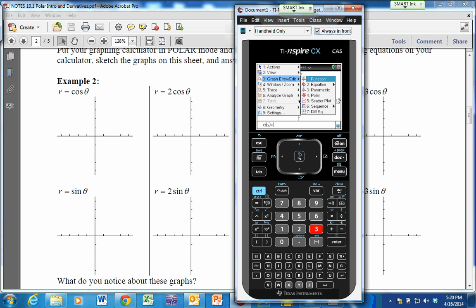That makes a lot of sense here because we want to enter the graph in a different way. Under graph, entry, or edit, number 4 is polar. So now instead of saying f1 equals, it says r1 of theta equals. And it's telling me that theta is counting from 0 to 6.28, which is 0 to 2 pi.